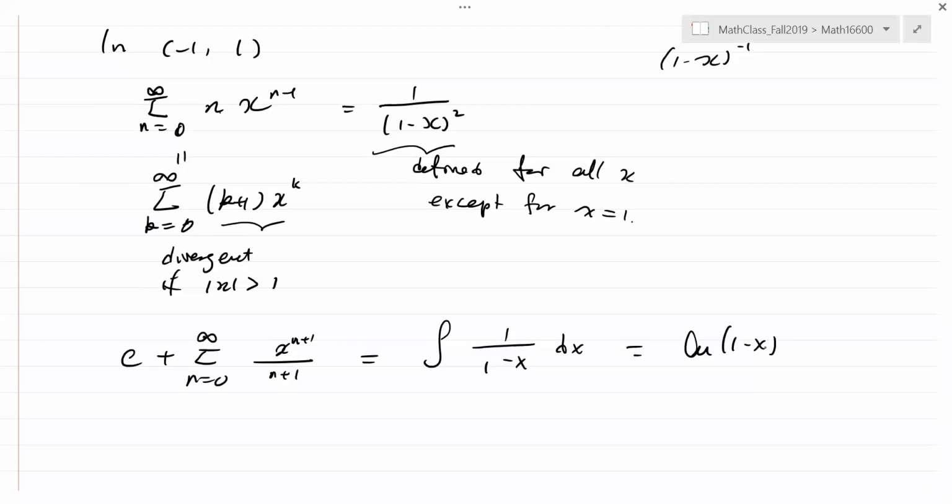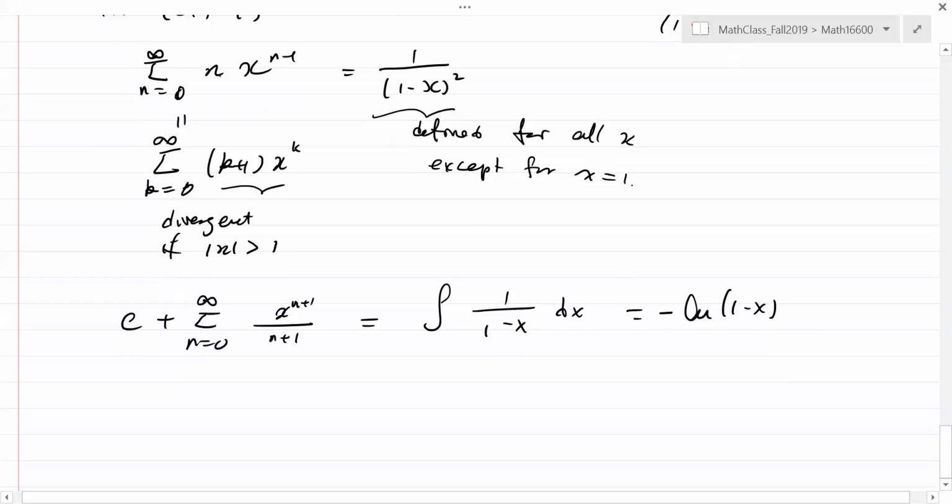So 1 minus x is positive, but there should be a negative sign in front of that, because when you differentiate, you get a negative sign. And plus another constant, because both sides are indefinite integrals, right?